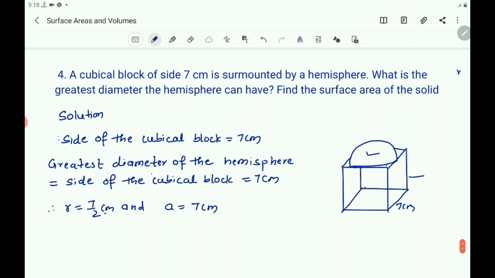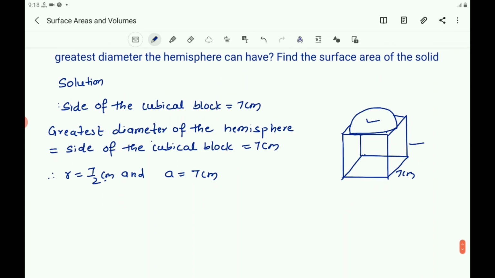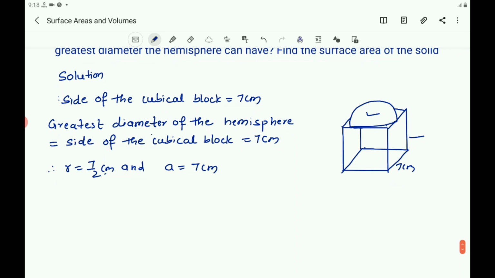Then we have to find the surface area of the solid, and it is equal to the external surface area of the cubical block. External surface area means the area of these 6 faces plus the surface area which is not covered by the hemisphere, that is a square minus the area of the base of the hemisphere.